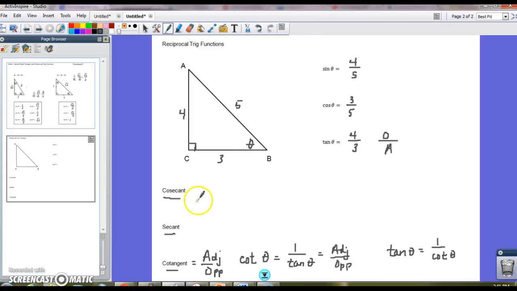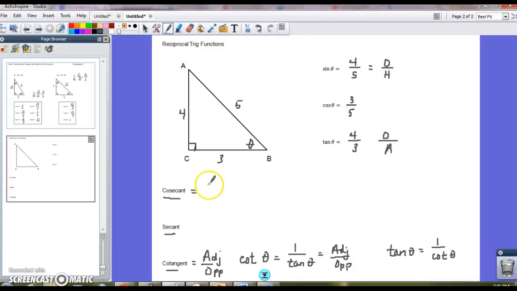Now, what seems like what should go with what is not what should go with what. It would seem like cosine and cosecant would be reciprocals, but they're not. Okay, the reciprocal of the cosecant, which we would think goes with cosine, actually goes with sine. So sine is opposite over hypotenuse.